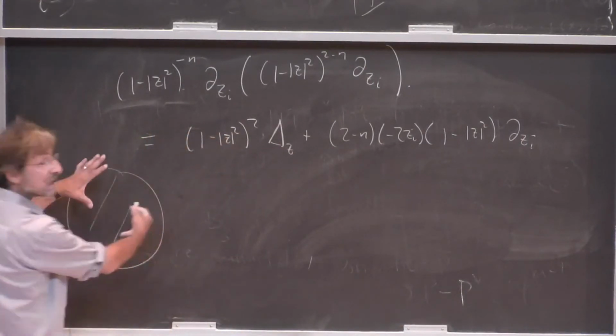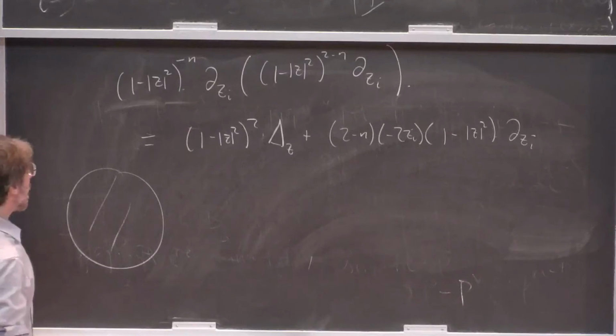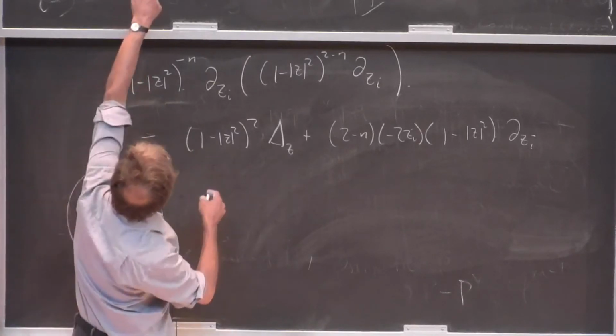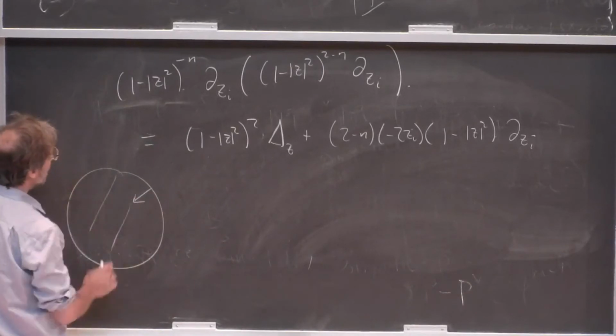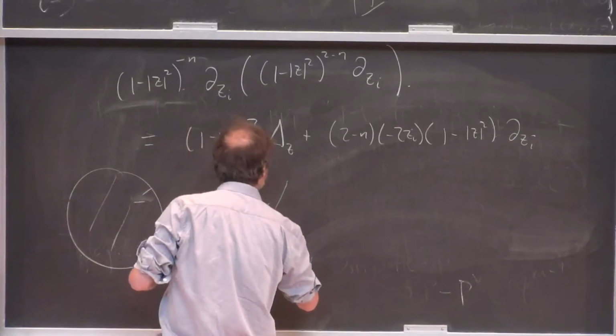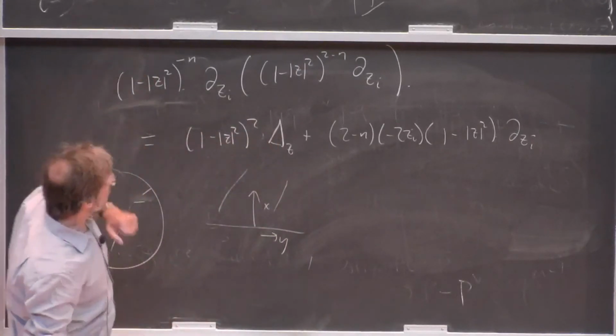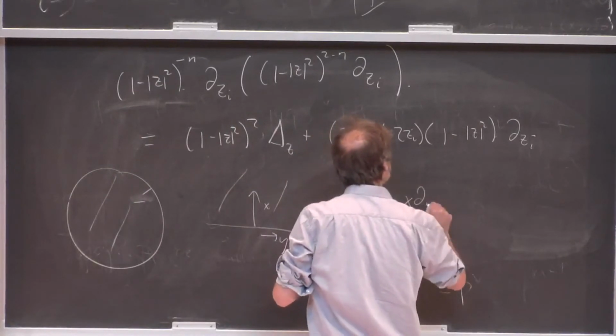Okay, so this looks, again, fairly ghastly, but the important thing is that I now am on a smooth, so I've really compactified. I'm on a smooth compact manifold with boundary. Okay, and I see this operator partially in the following thing. So let me go back to this model here for a second. Here I have x and y. This operator up top is a combination of the vector fields x d by dx and x d by dy.